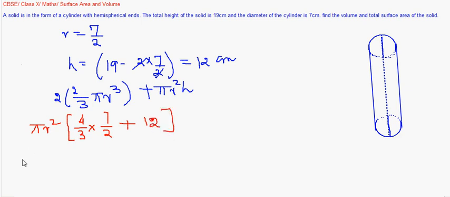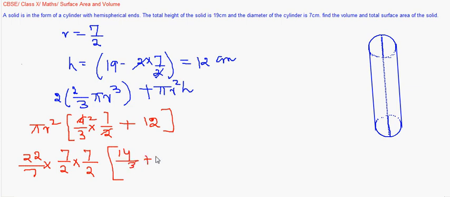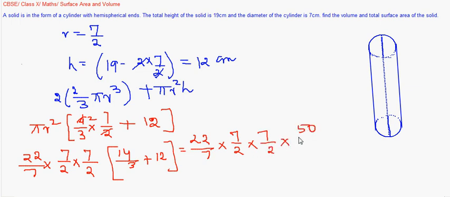Now also substitute this pi r square as 7/2 into 7/2, and here in the bracket I get 14/3 plus 12. So it is 36 plus 14, that is 50. So resultant becomes 22/7 into 7/2 into 7/2 into 50/3 centimeter square.